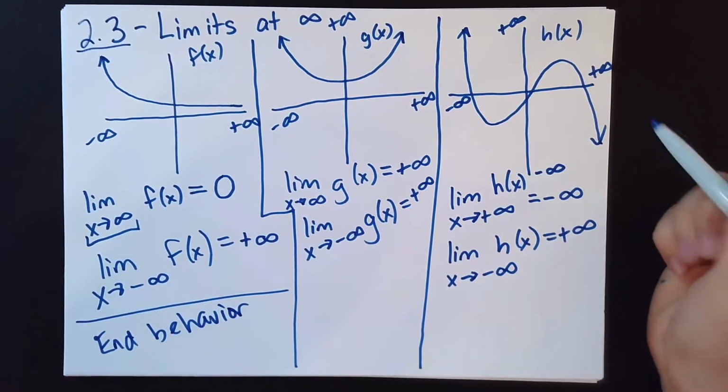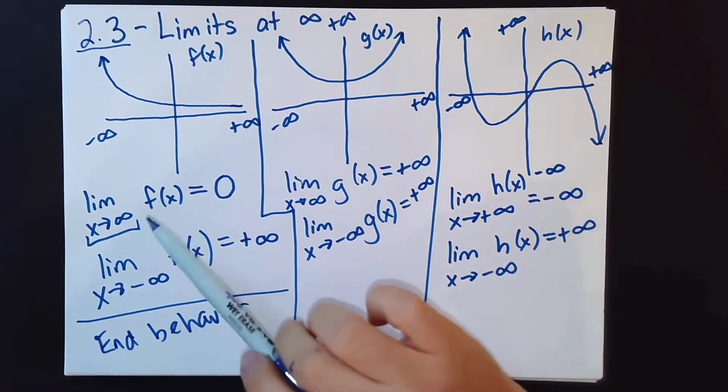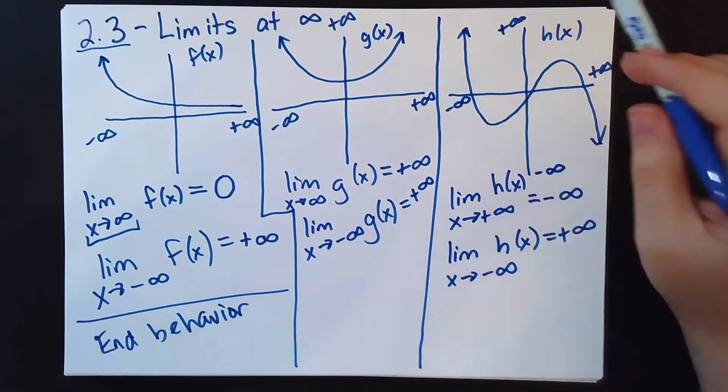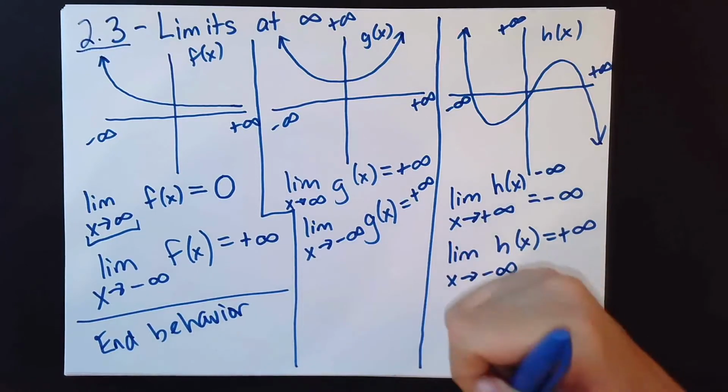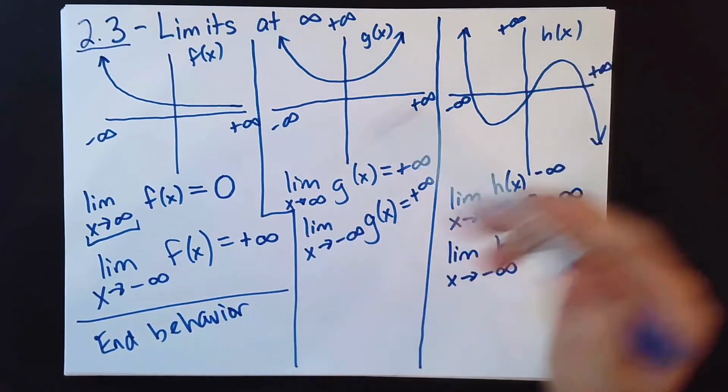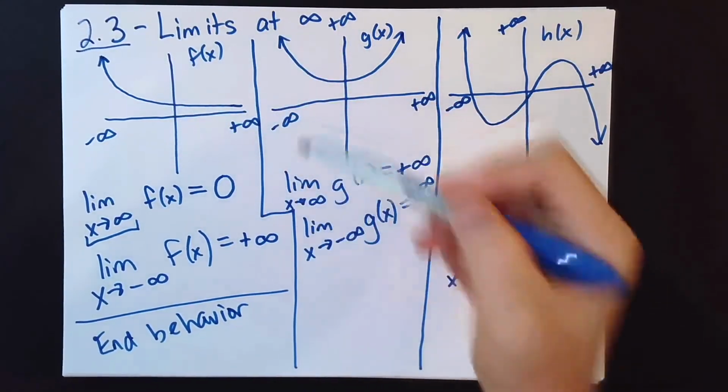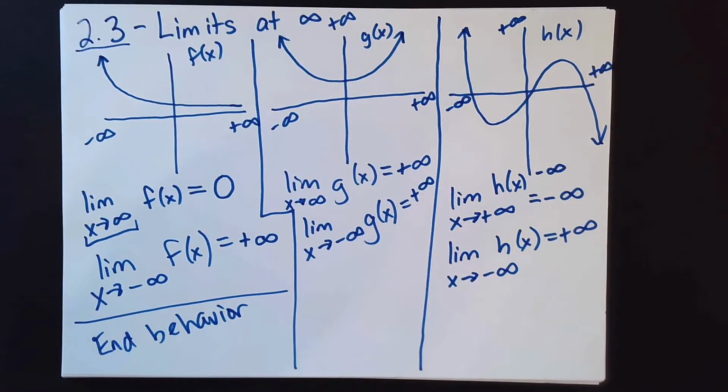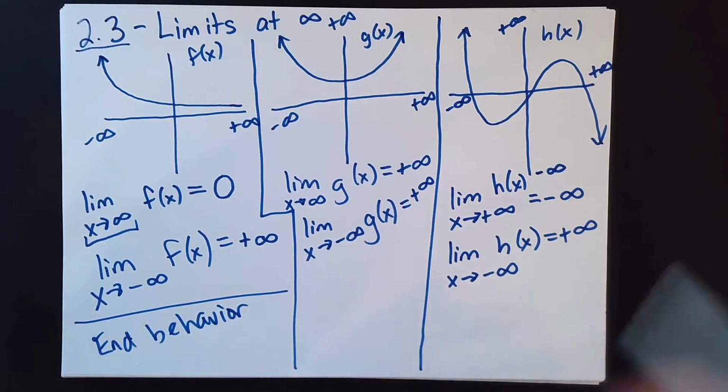If a function goes to plus infinity, that means its value keeps getting bigger, or minus infinity, it keeps getting smaller, or if the value goes to 3, then the graph flattens out at 3. This is the idea of limits at infinity.